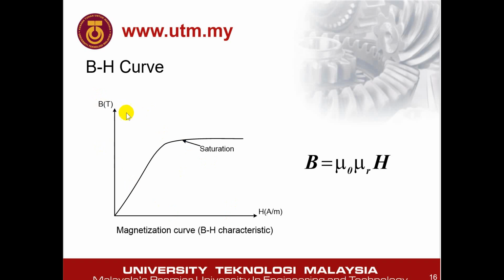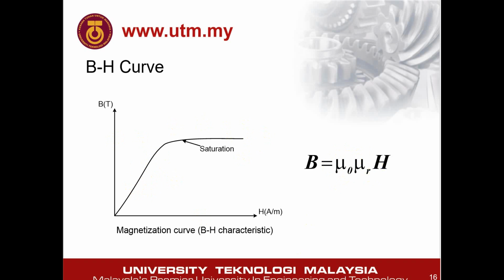If you want to plot the BH curve, make sure that B is on the y-axis and H is on the x-axis. The ideal condition is that the BH curve is straight, but in reality it will become saturated. The slope of the BH curve is mu, the permeability: mu naught mu r is equal to mu.